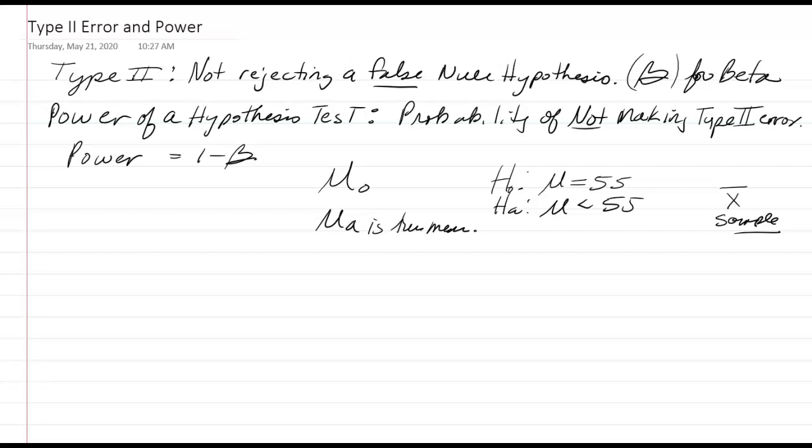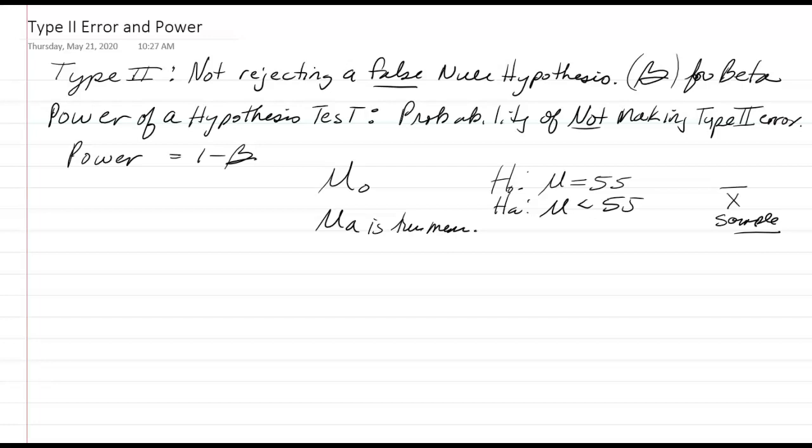If we were to actually take the average of every single member of the population, we can get a true mean. Often we do not know this. And if we knew the true mean, then we would be able to calculate our beta.